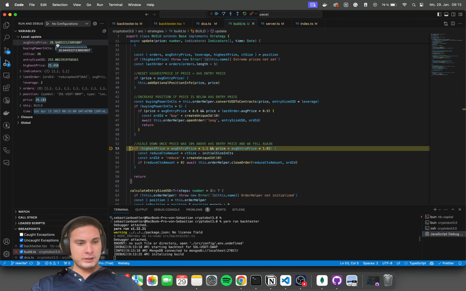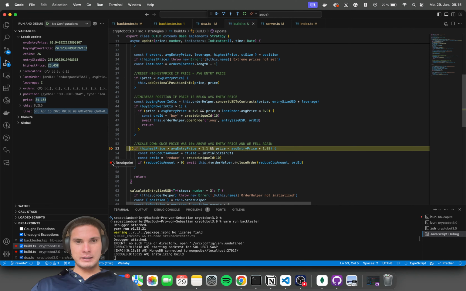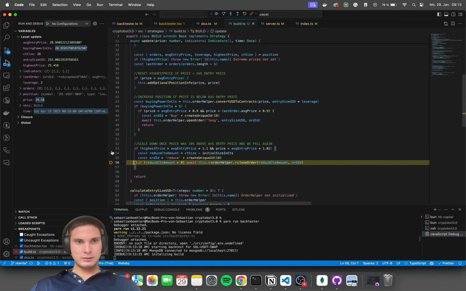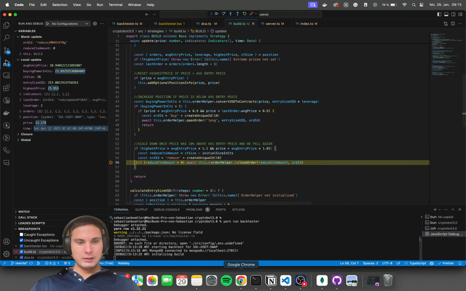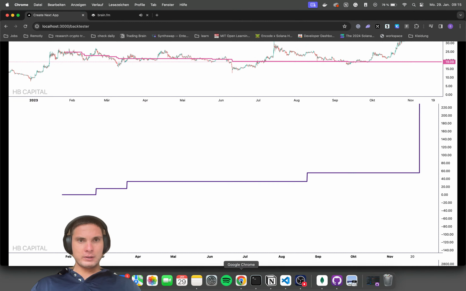Let's take the average entry price. 20.9405 times 1.1 is 23. So our highest price is above this threshold. So do we get in here? We get in here at April 22, exactly when we should have scaled down.